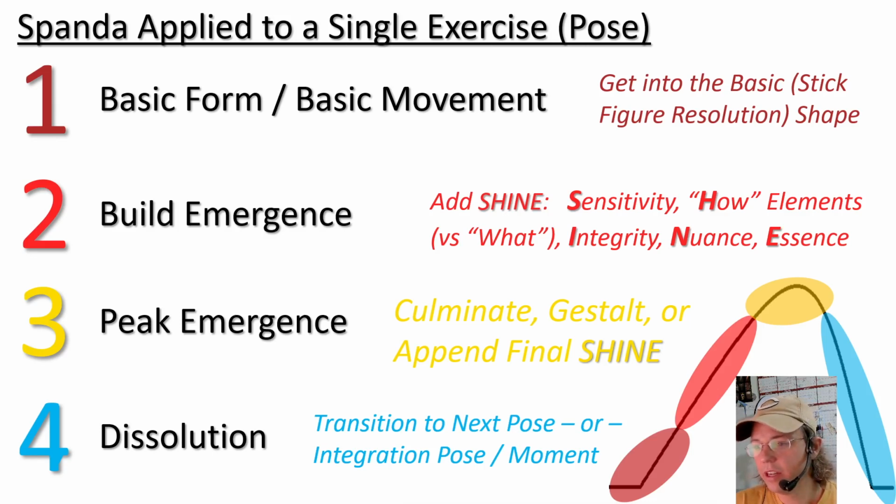And so maintaining integrity of the spine, in say a back bend, would be making sure to maintain that C curve. It means adding nuance to the pose, adding little elements to the pose that are less obvious than the stick figure form, but can add up to more.